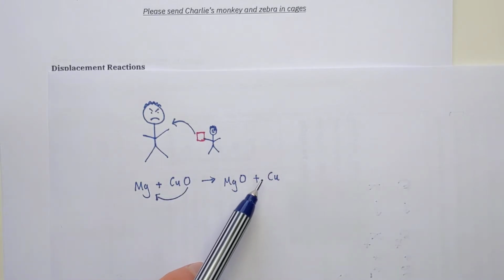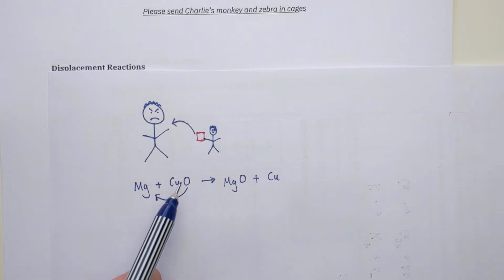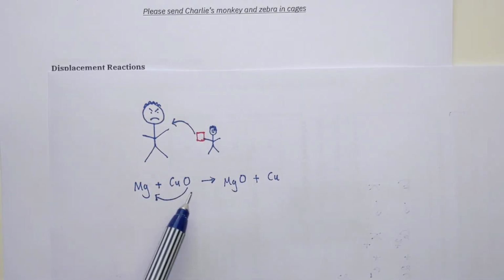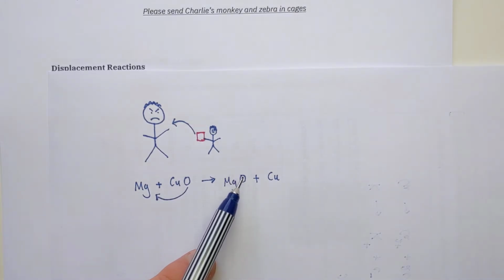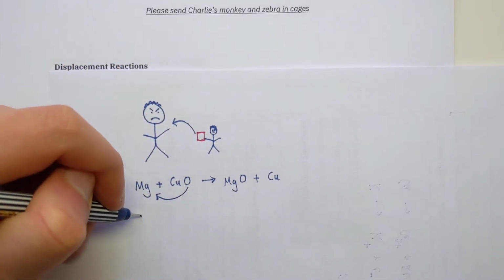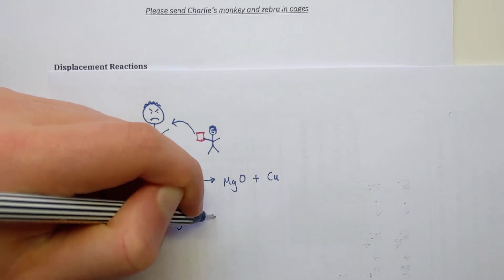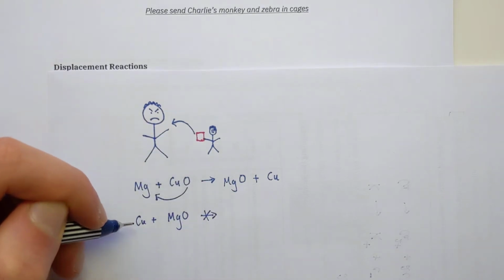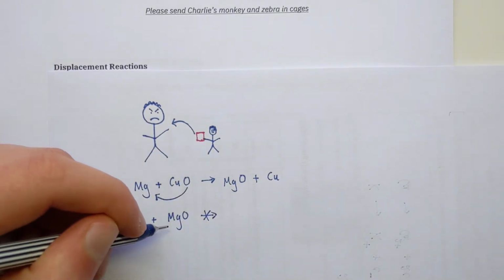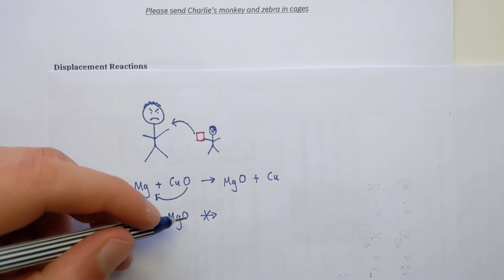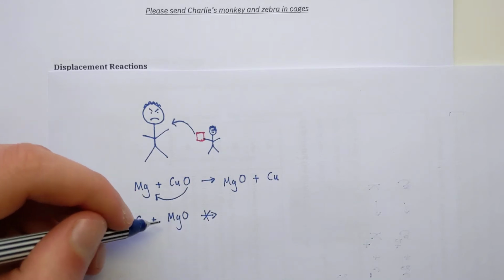Displacing as a word means pushing out. So magnesium has pushed the copper out of copper oxide and taken the oxygen for itself. If I imagine reversing that reaction, so copper trying to react with magnesium oxide, nothing is going to happen. Copper is less reactive than magnesium, therefore it's not capable of removing that oxygen from the magnesium or displacing magnesium.